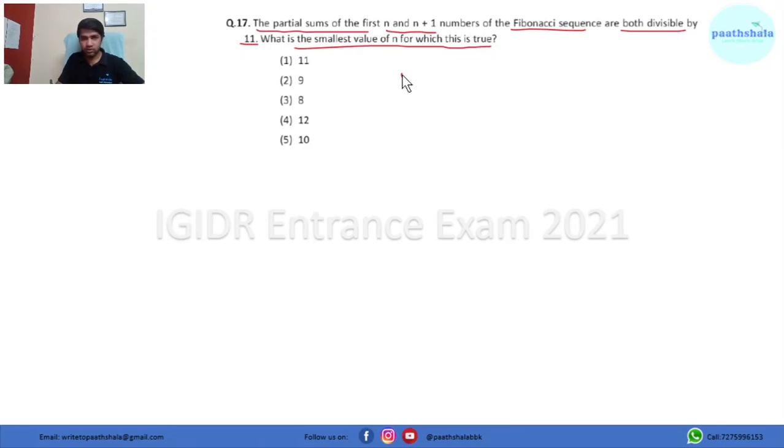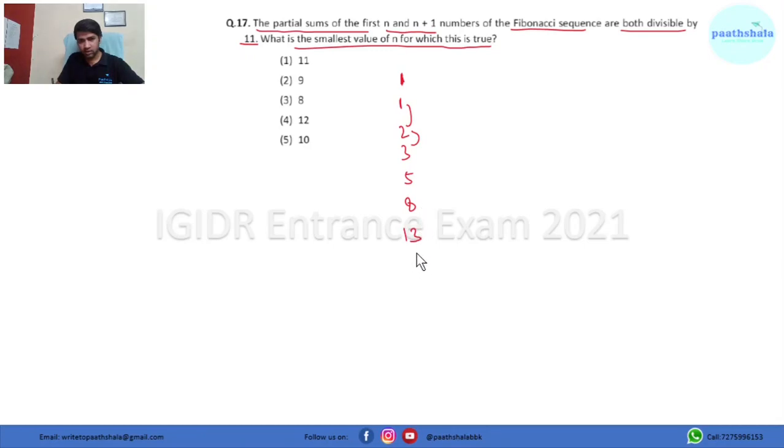The Fibonacci sequence begins with 1. The first term is 1, the second term is also 1. The next third term will be the addition of these two terms, so 1 plus 1, that is 2. The next term will be 1 plus 2, that is 3. Next will be 2 plus 3, that is 5. Then 5 plus 3, 8. Then 5 plus 8 will be 13.